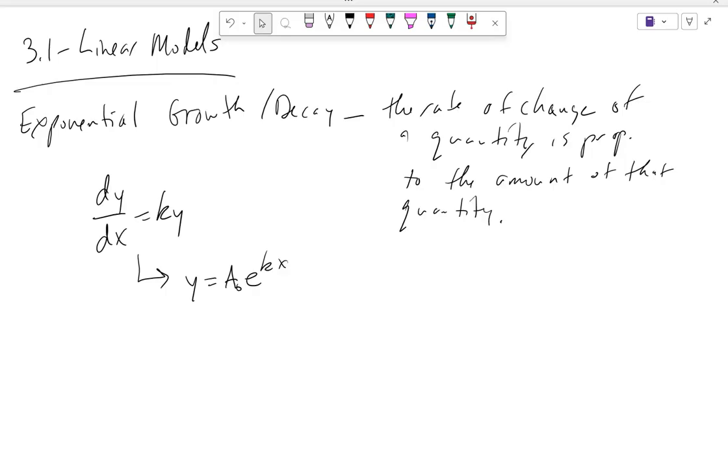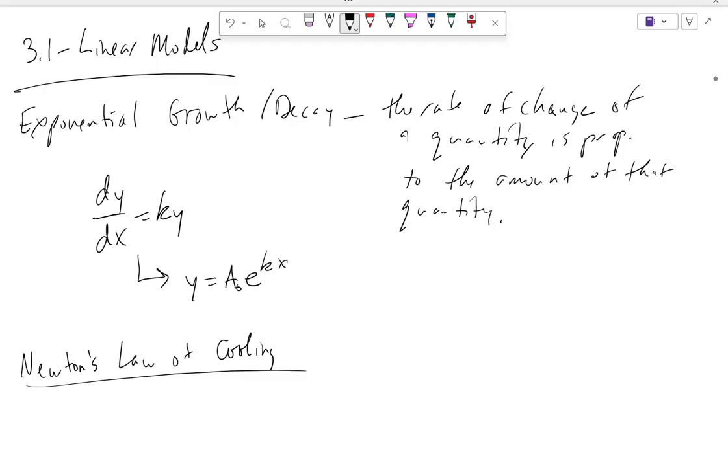Okay. Another model that pops up is Newton's law of cooling. What does Newton's law of cooling say? Or, even if you don't know necessarily what it says off the top of your head, what makes sense? If I take something out of an oven, is it going to cool faster when I first take it out or later on in the process? When you first take it out, right?